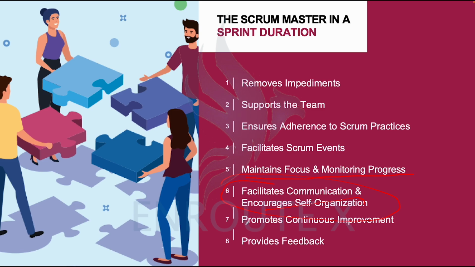The Scrum Master also promotes continuous improvement all through the sprint duration, and gives feedback as and when due. So those are the summary of what the Scrum Master does in the course of the sprint duration.